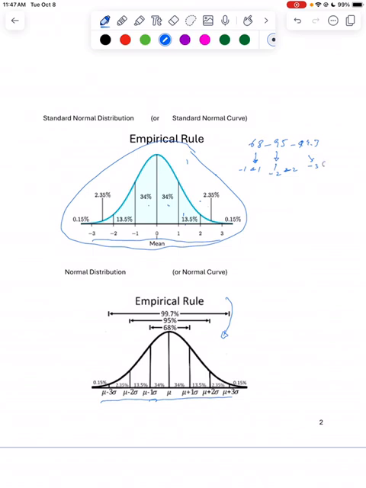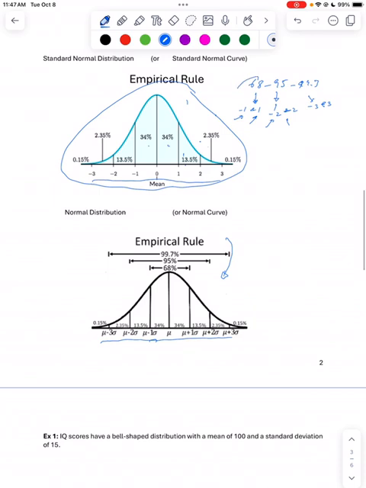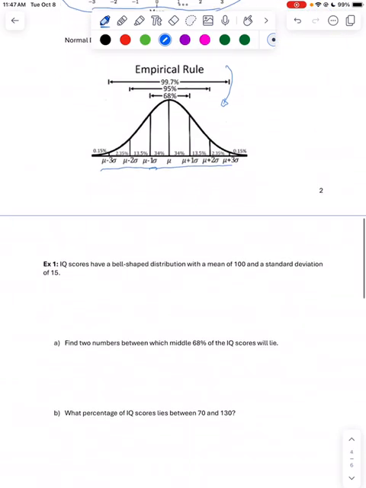But in the case of a general distribution, any distribution, this is mu minus sigma and mu plus sigma, mu minus 2 sigma, mu plus 2 sigma, and so on, mu minus 3 sigma and mu plus 3 sigma. So you can do this, or you can just not draw this, just remember this and then do the calculations according to what has been asked. I'll show you both ways.